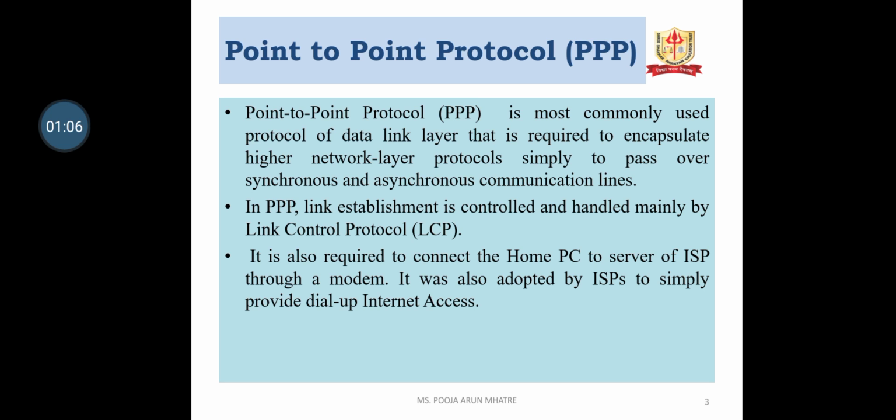In point-to-point protocol, link establishment is controlled and handled mainly by the link control protocol. It is also required to connect the home PC to the server ISP through a modem. It was also adopted by the ISPs to simply provide dial-up internet access.